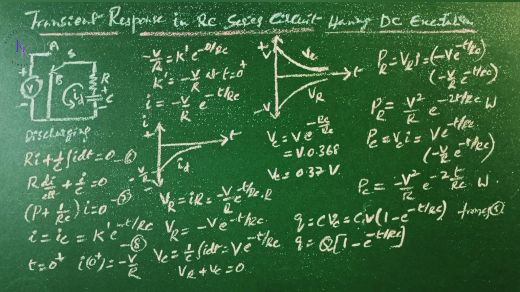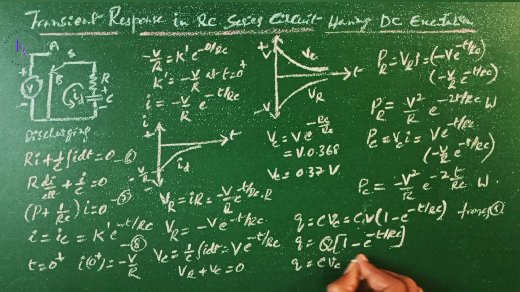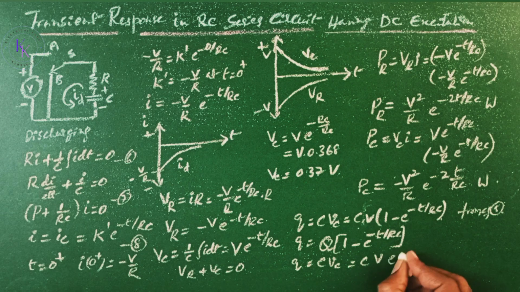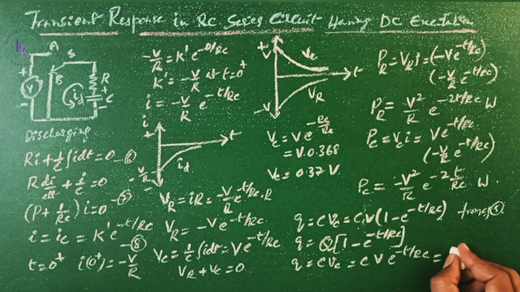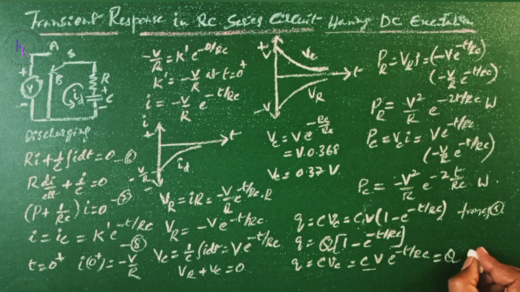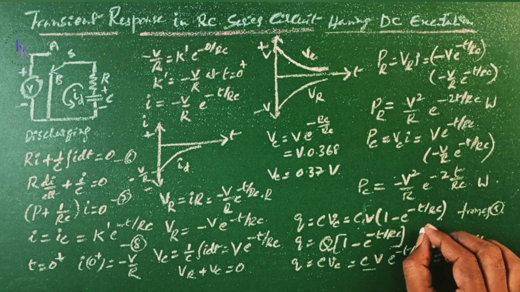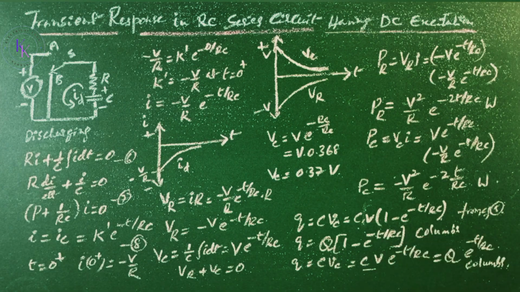While discharging, Q is given by C V_C. Here for discharging, V_C equals V e to the power of minus t by RC, so Q equals CV, which is nothing but the charge, times e to the power of minus t by RC. Both are in coulombs. This is regarding the transient response in RC series circuit having DC excitation for charging and discharging cases.